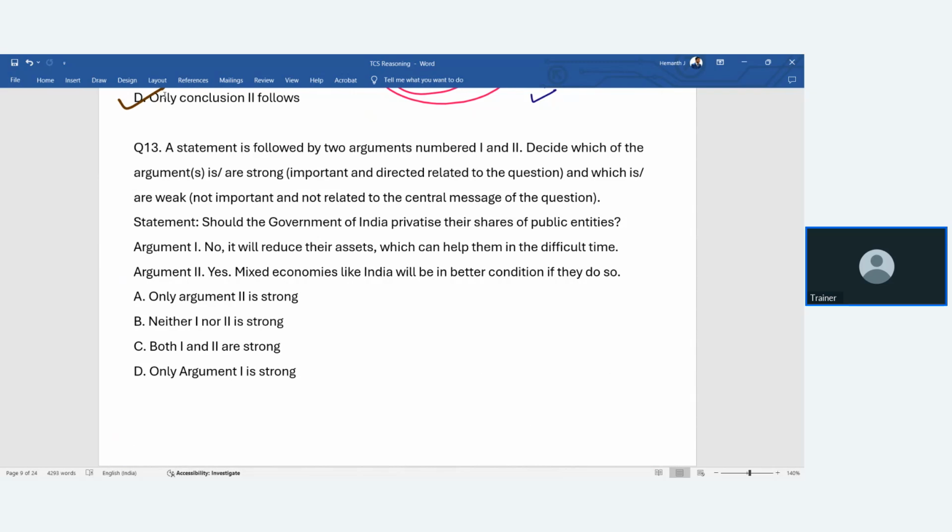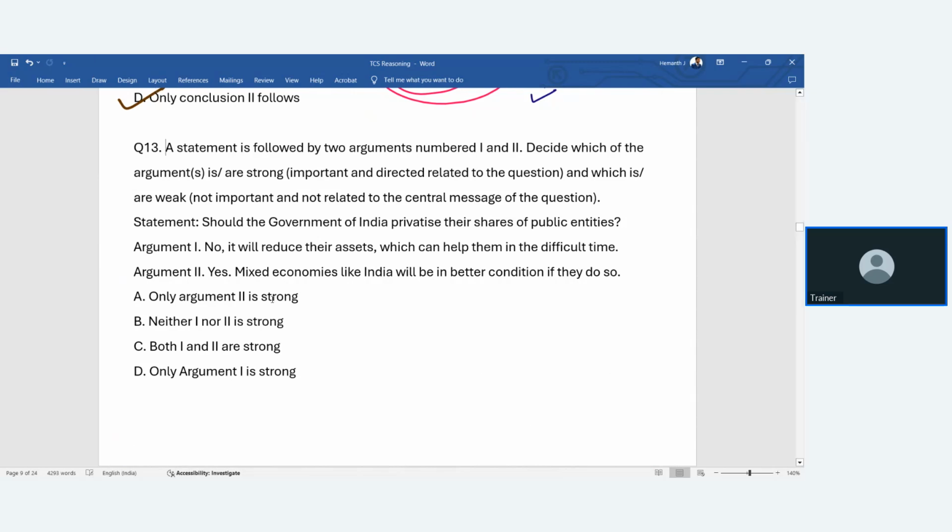Now here the statement is: should the government of India privatize their shares of public entities? Argument one: no, it will reduce their assets, which can help them in difficult times. Argument two: yes, mixed economies like India will be in better condition if they do so.